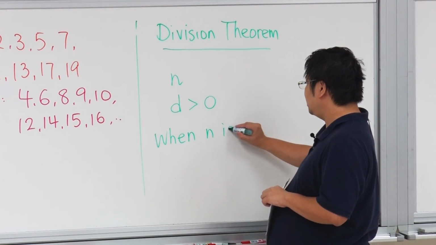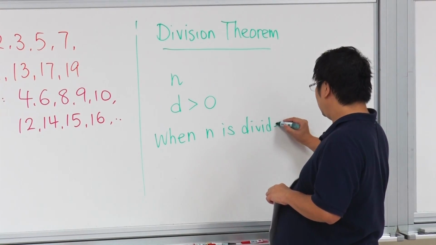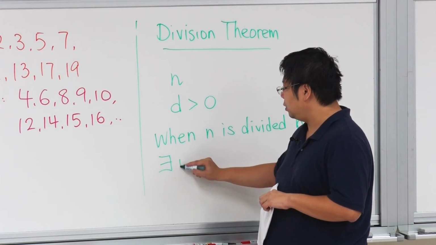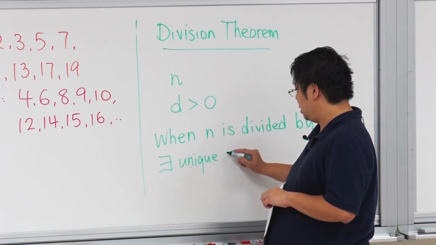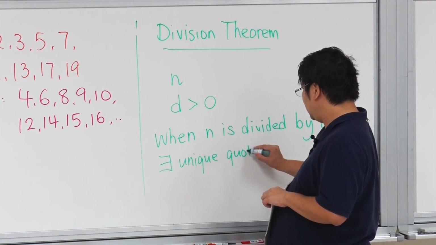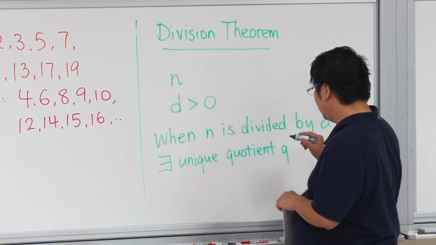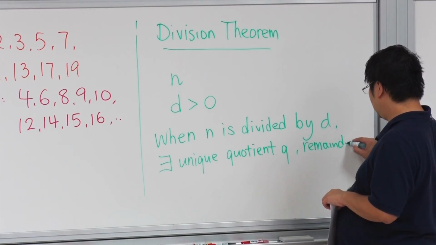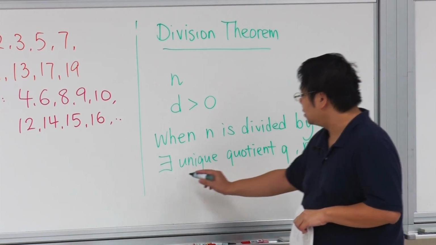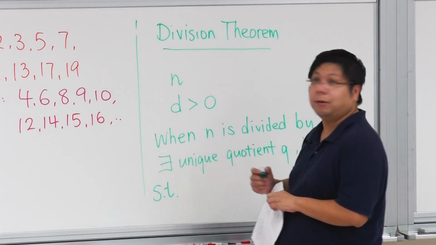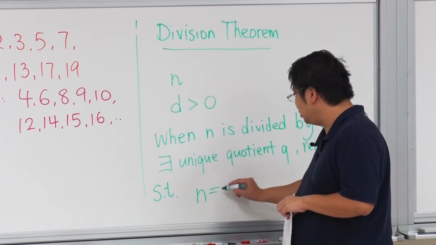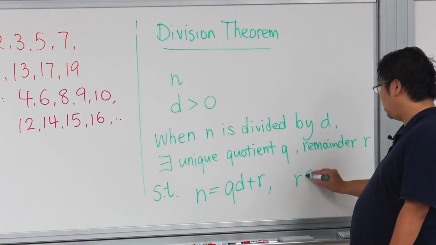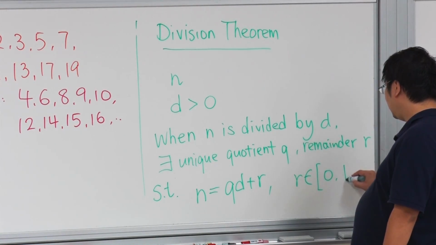When n is divided by d, there exists a unique quotient q and remainder r such that n is equal to qd plus r, and r is some number between 0 and d minus 1.